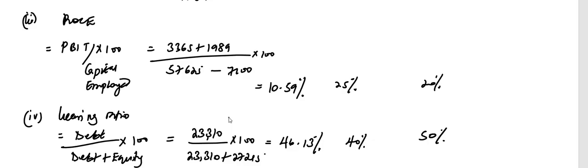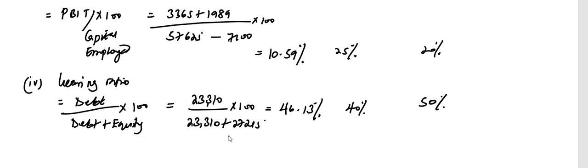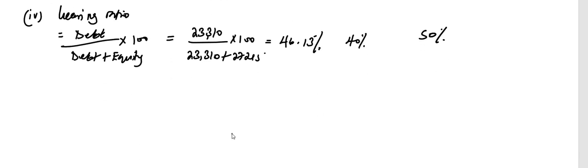Okay, so they could explore opportunities to increase their sales revenue or optimize their pricing strategy to boost their profit margins. Otherwise, the return on capital employed is very, very low. Gearing 46.13, 40, and then 50.